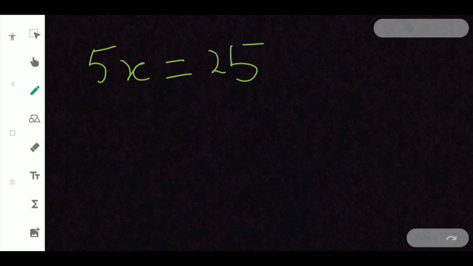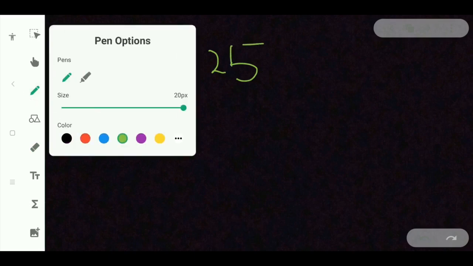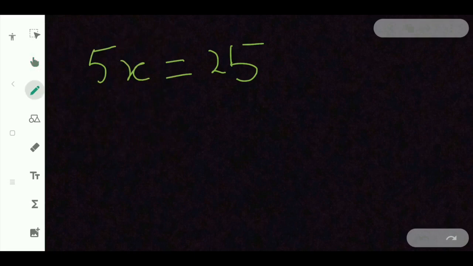So our x, 5x is equal to 25. So 5 and 5 get cancelled, 5 ones are 5, 5 fives are 25.